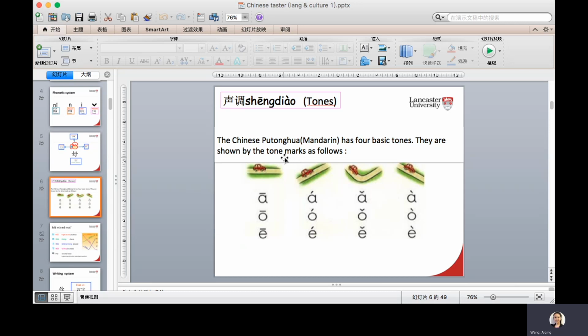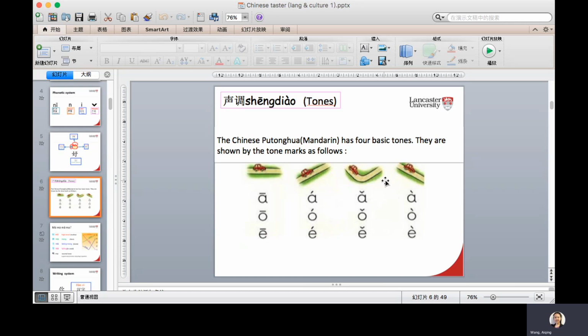Okay, so as I said, there are 4 or 5 tones in the Chinese system. The first one is a horizontal tone, for example, right? That's the horizontal tone. The second one is a rising tone, right? The third one is a falling and rising tone, and the last one is a falling tone, right?